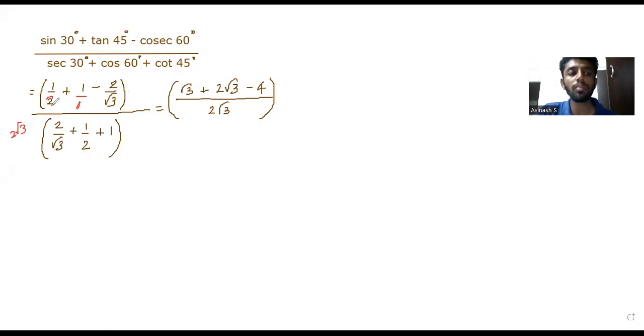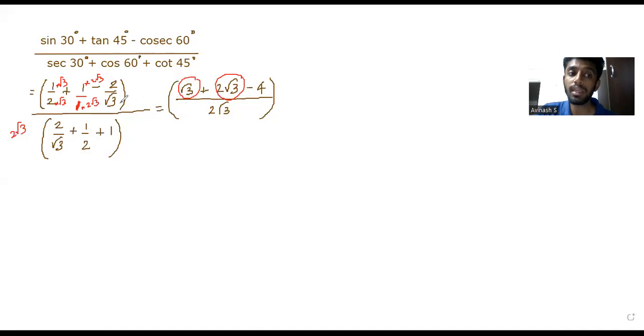Here we have 2, but we don't have root 3, so we multiply by root 3 in the denominator and in the numerator. That's how we got this term. Similarly, here we have only 1; we don't have 2 and we don't have root 3 either, so you multiply this by 2 root 3 in the numerator also. That's how we got this term.